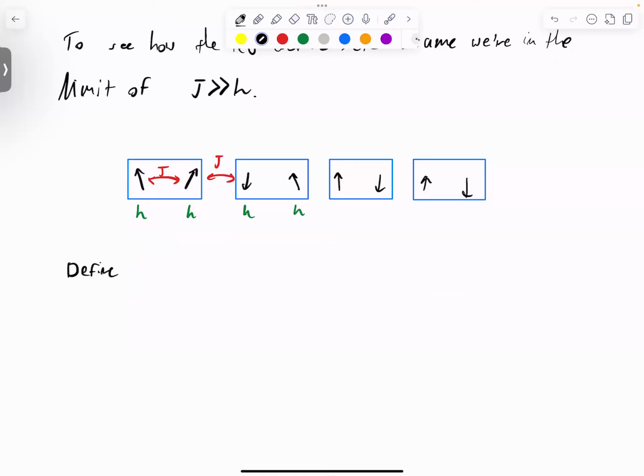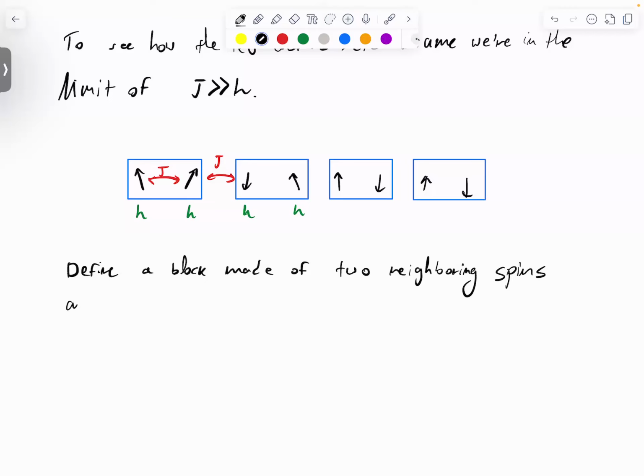Let me define four states for a block made of two neighboring spins.